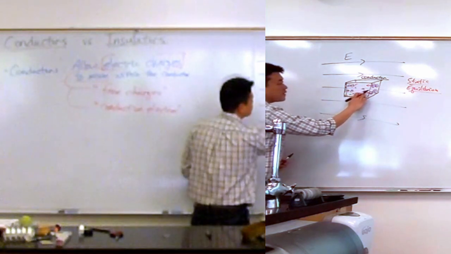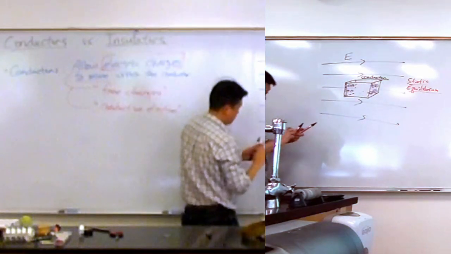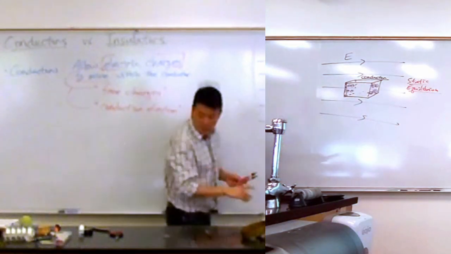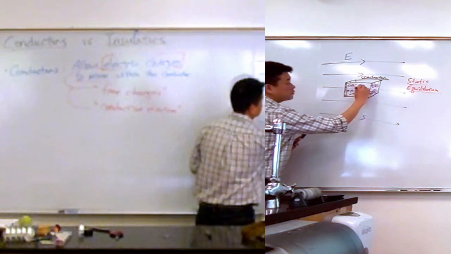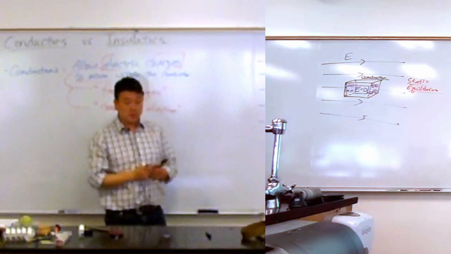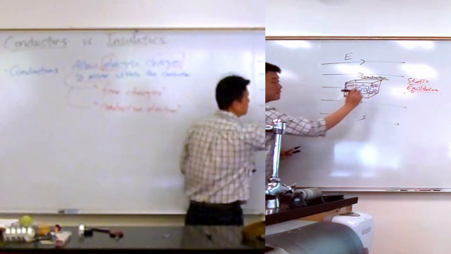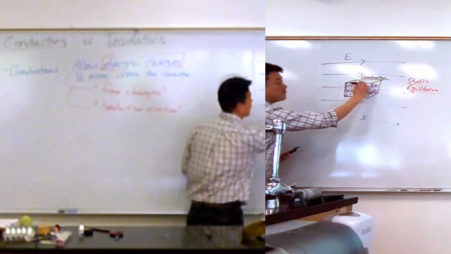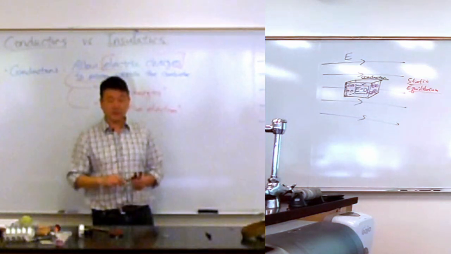So imagine you have so much charge accumulated on these two surfaces that you can say the electric field here is equal to zero. So now if I have a charge here, is this charge okay just sitting over here and being at static equilibrium?